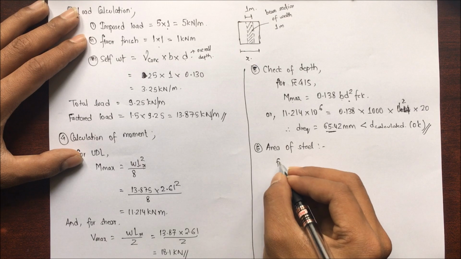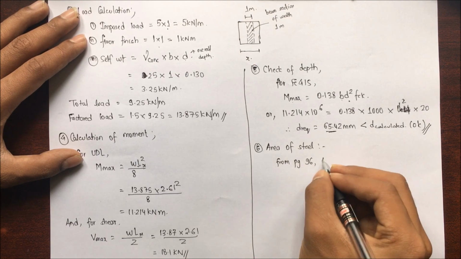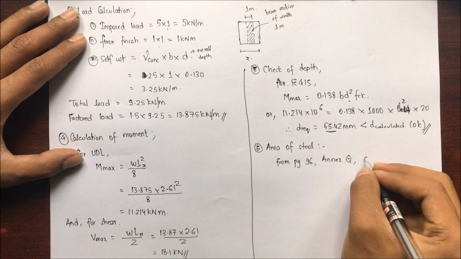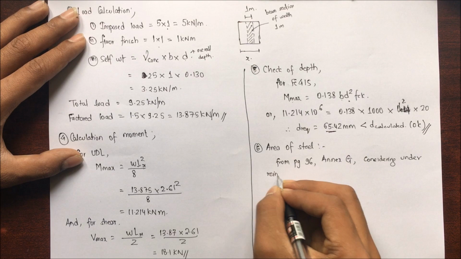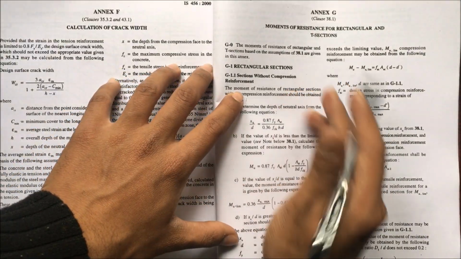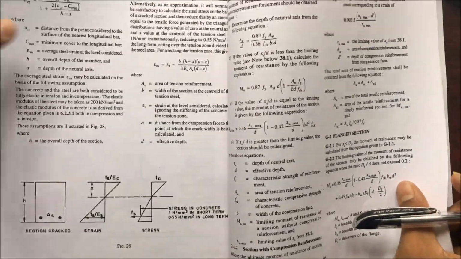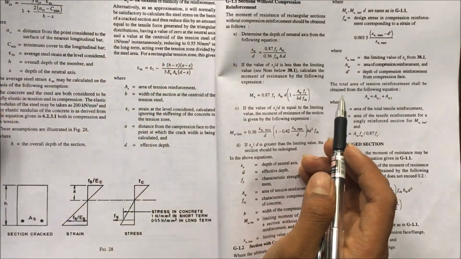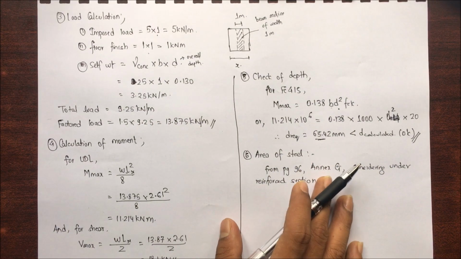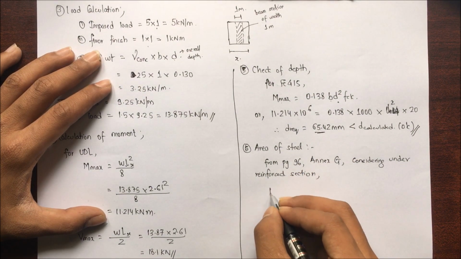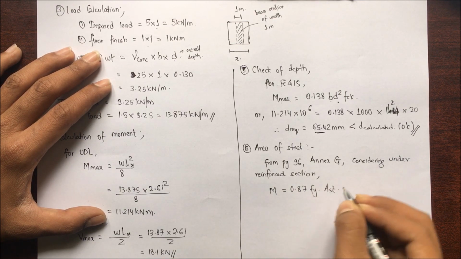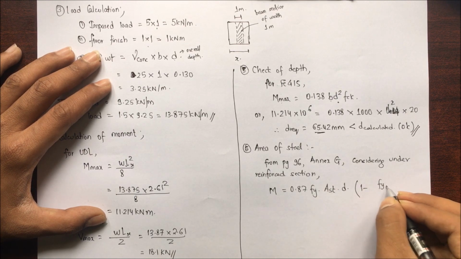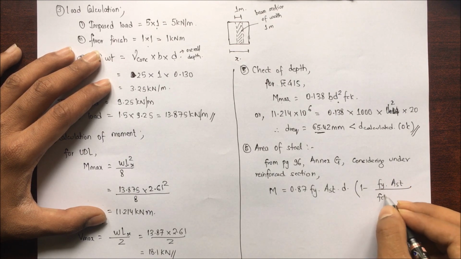Step 6 is to find the area of steel required. From page 96 annex G, considering under reinforced section, just take this formula: M is equal to 0.87 fy Ast d into 1 minus fy Ast by b fck b into d.